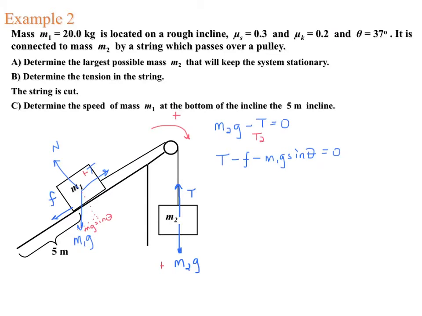T is equal to m2g. So m2g minus friction minus m1g sine theta is equal to 0. Again, I'm trying to solve for mass 2, so I want to get mass 2 by itself. So I'm going to move everything to the other side.